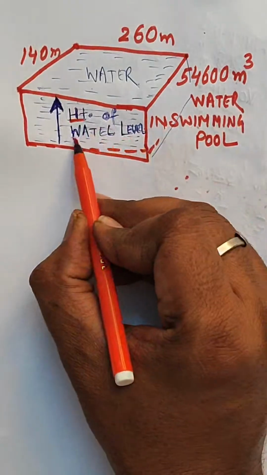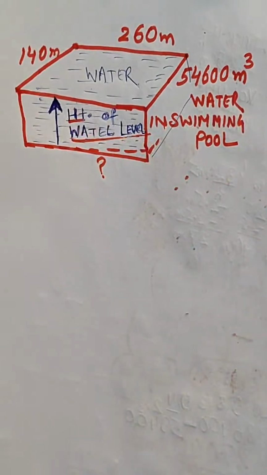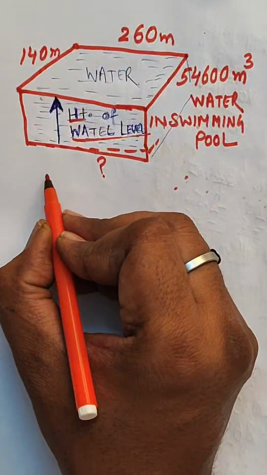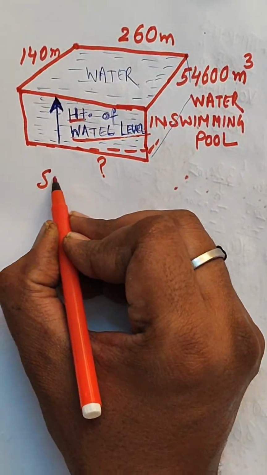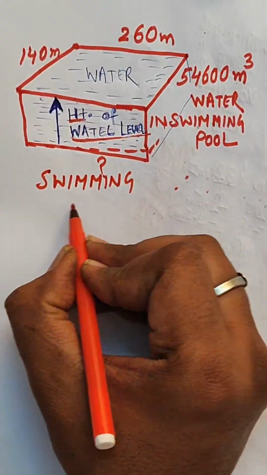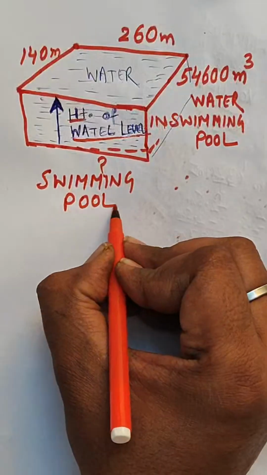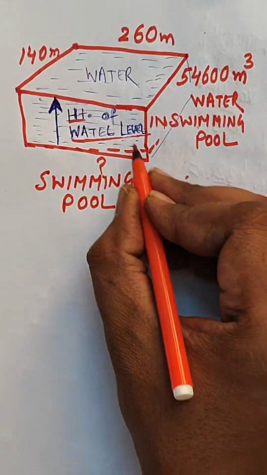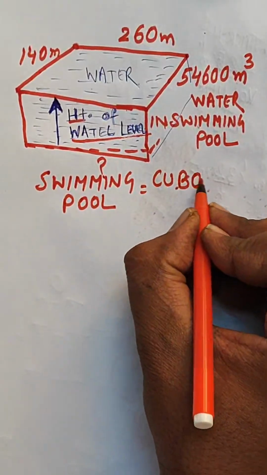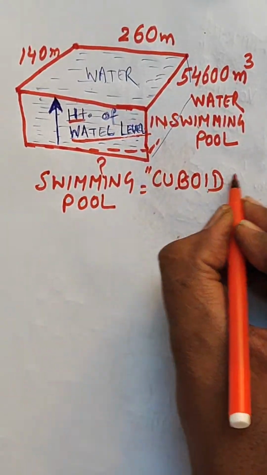So the height of the water level we are going to calculate. It's a simple cuboid. The swimming pool is just in the shape of a cuboid.